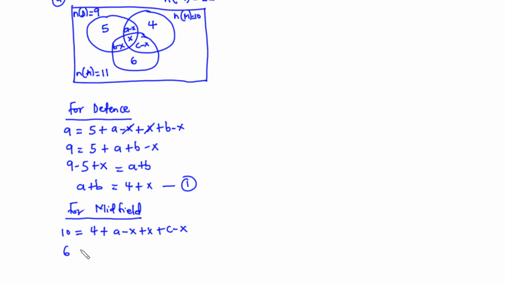So we have 6 equals A, negative X cancels out X. We are left with A plus C minus X. Now let's transpose negative X to the left hand side. So we have 6 plus X equals A plus C. Let's call this equation 2.